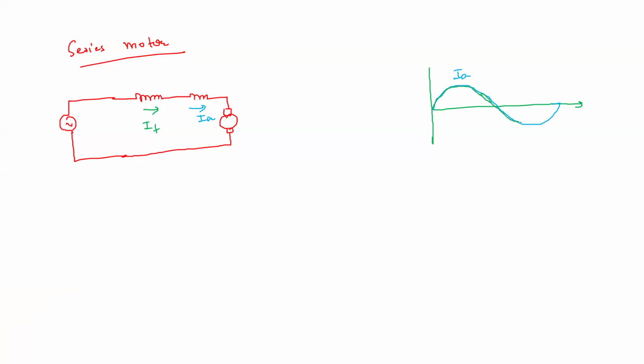So what happens is that the torque from IF and IA is always positive. That is why a universal motor is a series motor.